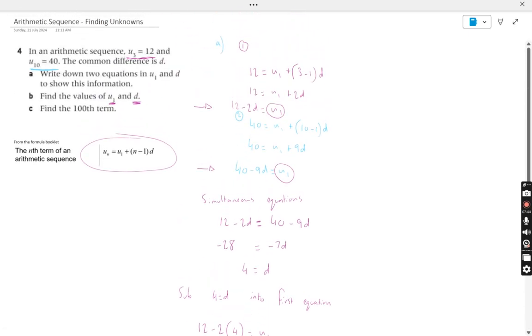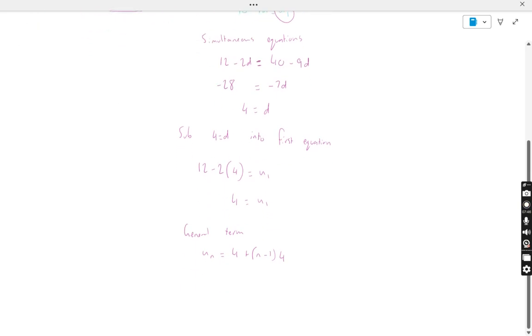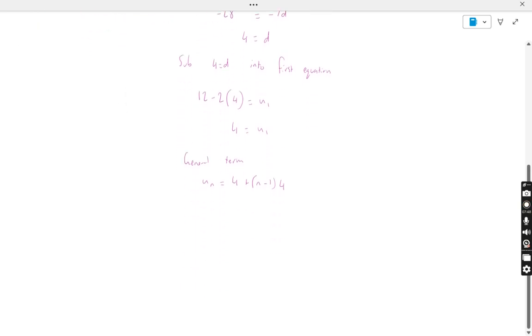Part C says find the 100th term. So down here, instead of n, I'm going to put 100. So U of 100 equals 4 plus 100 minus 1 times 4. And let's see what we get as an answer for this.